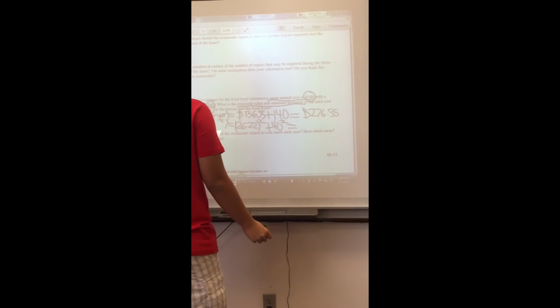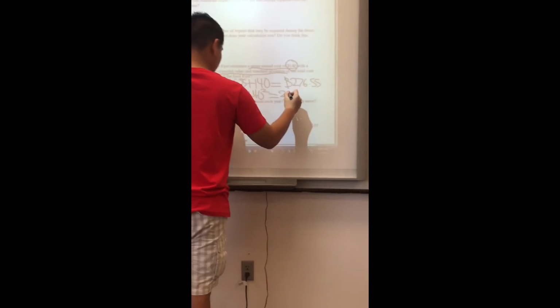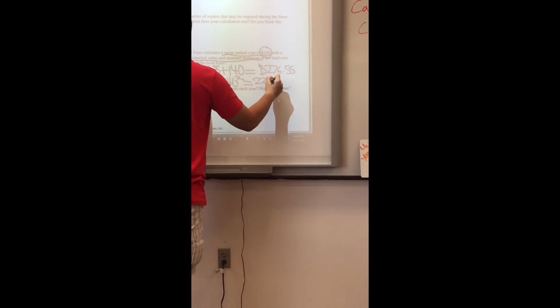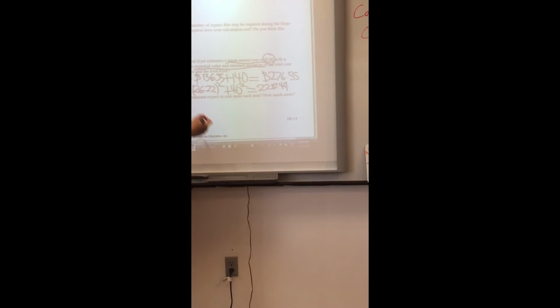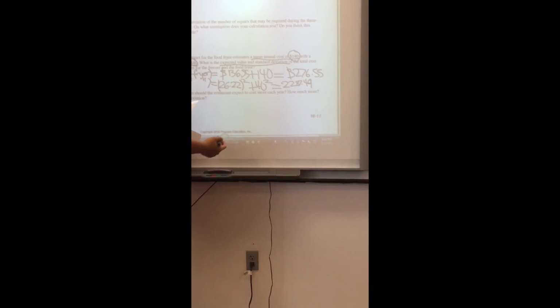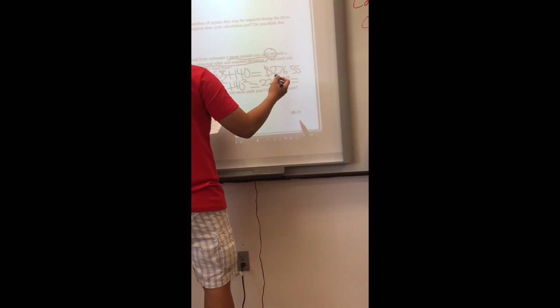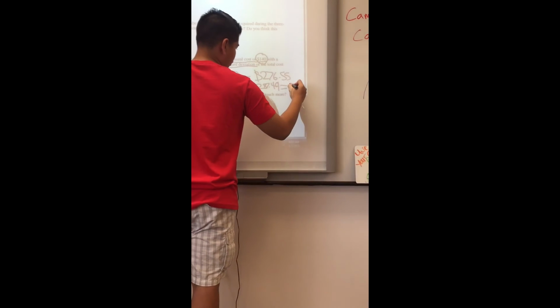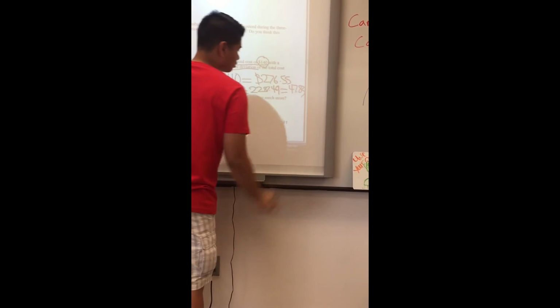So you should get 1,287.49, but it's asking us to find the standard deviation. So you take the square root of that, and you should get 47.83.